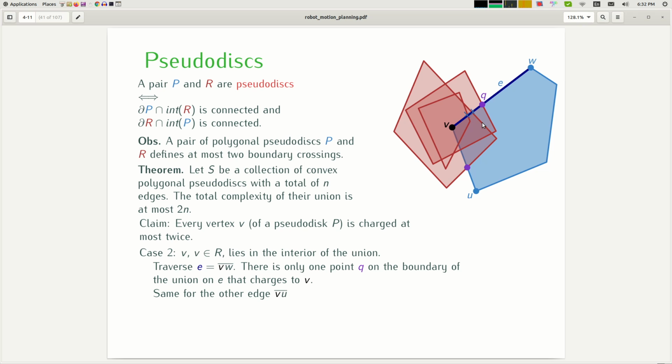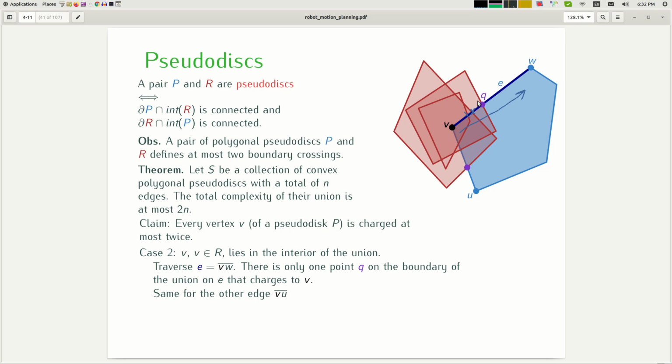Essentially, let's look at the point that charges V that has the farthest distance from V along this edge. Let's call that one Q. We're going to claim that any other intersection point of this blue polygon with any other object is completely inside. Why is that the case?